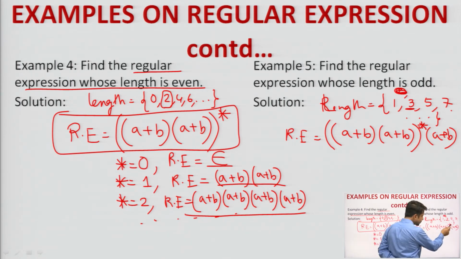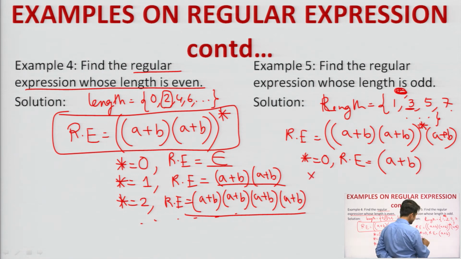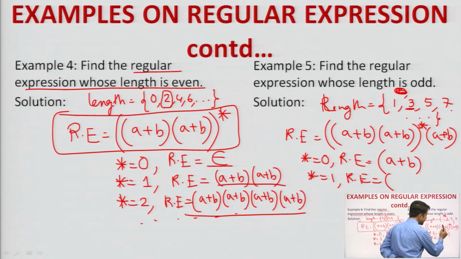If asterisk equals 0, the regular expression will be what? Only (a+b), correct? If asterisk equals 1, the regular expression will be what? Looking into this, asterisk equals 1 means (a+b)(a+b)(a+b). Correct.